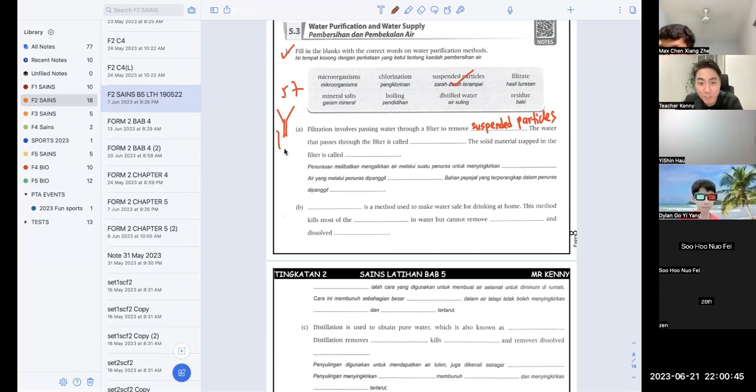Of course, most of you forgot already. It's fine. The one that comes down is called a filtrate. The one that is stuck inside, which is the sand, is called the residue. So what passes through is called the filtrate, and the one trapped inside is called the residue.